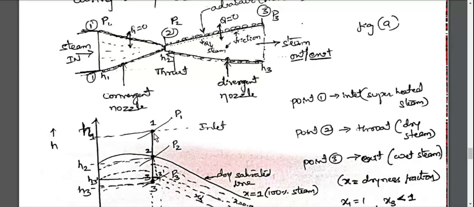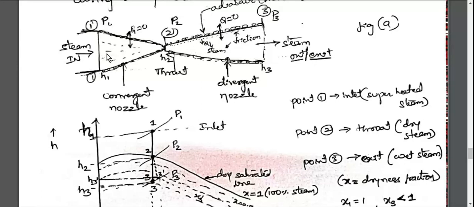So what type of process is 1 to 2? It is isentropic. Now the question comes, why is it isentropic? Why is it a reversible adiabatic process? Why is the friction factor not considered in the convergent nozzle? The reason is, if you observe carefully, the length of the convergent nozzle is less than the length of the divergent nozzle.